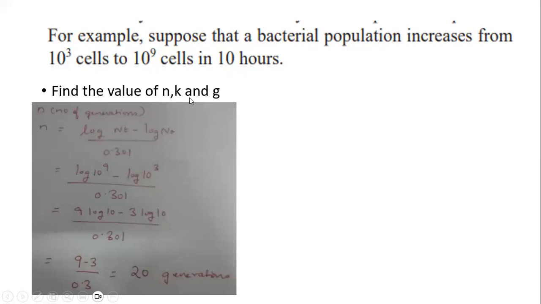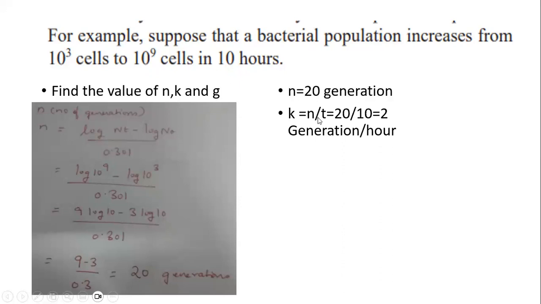Now the second task is to find the value of k, and we know that k is equal to n by t. Okay, so from the previous equation, we know that. So substituting for n over here, we'll have k is equal to 20 by t, where t is 10 hours. So your answer is going to be 2 generations per hour.